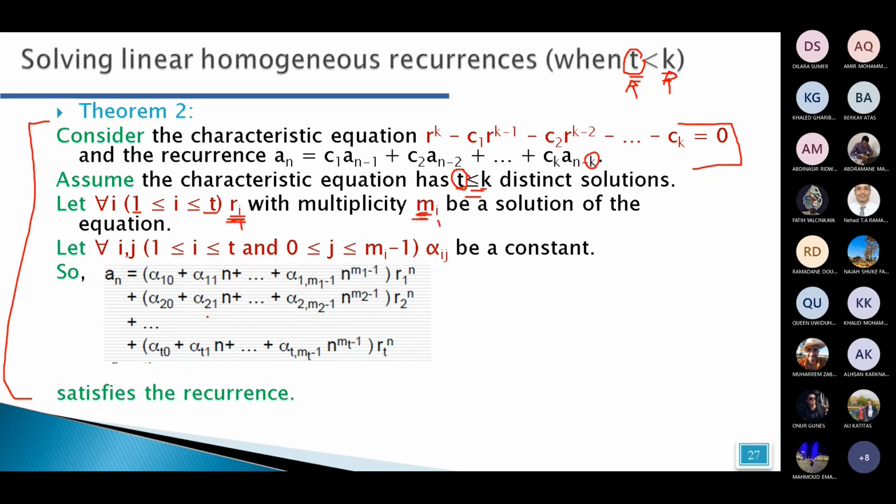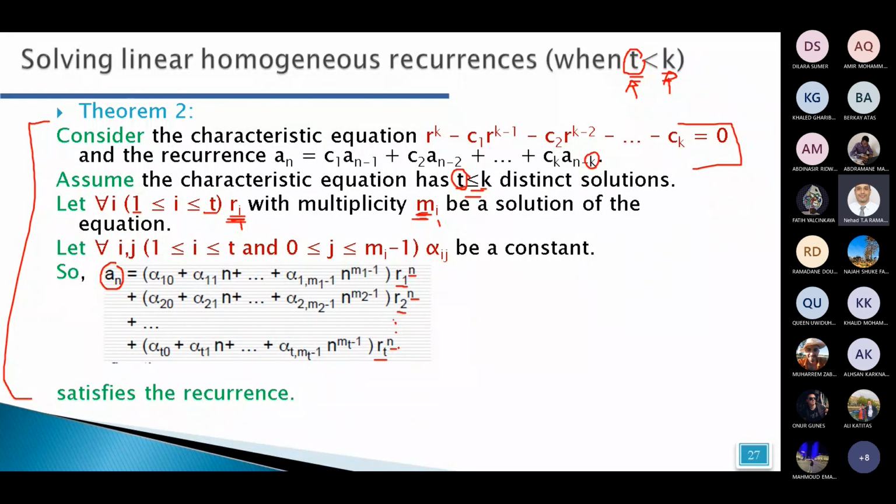So how will the solution be? The solution an will be like this. First of all, we know the solution from theorem 1: the first solution power n plus the second solution power n plus up to solution t power n.